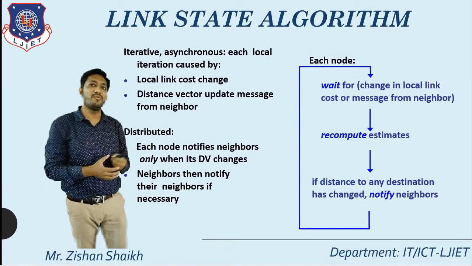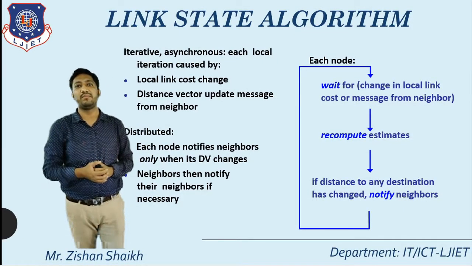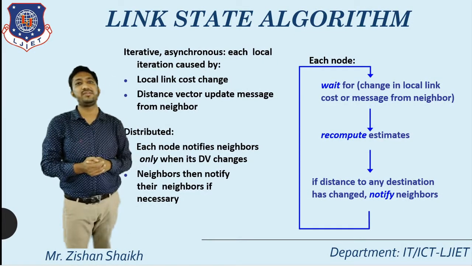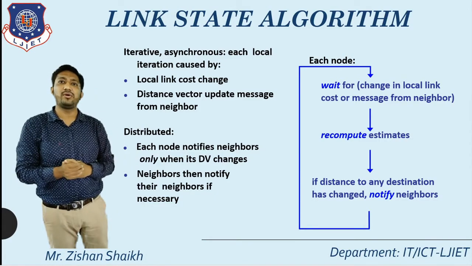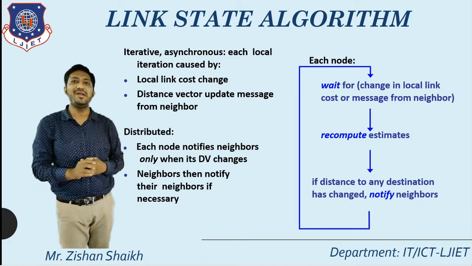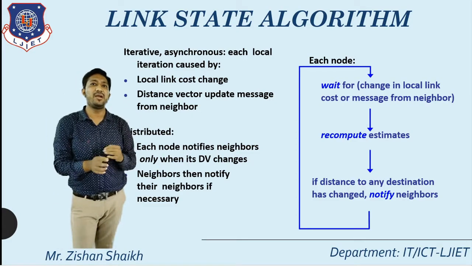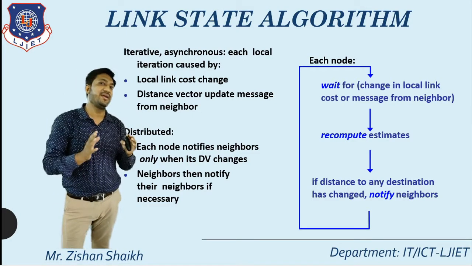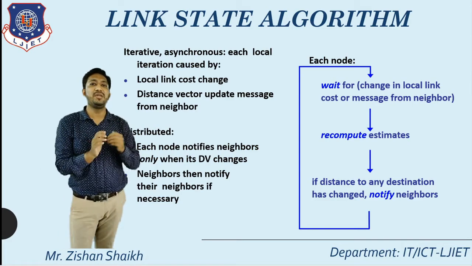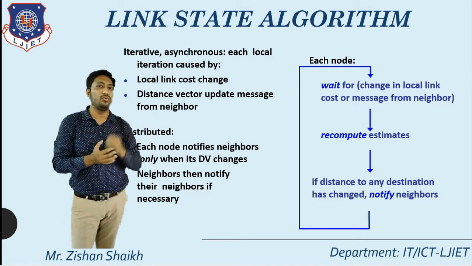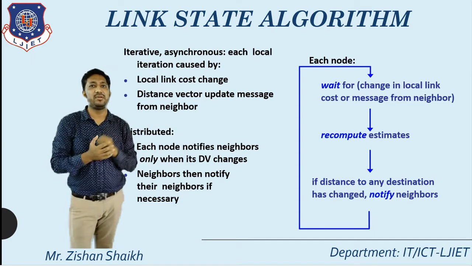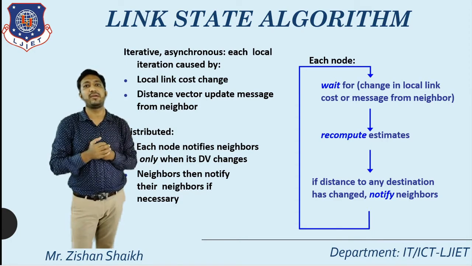Now we move to the link state algorithm, and we learn it in detail. The link state algorithm is iterative and asynchronous. It identifies the cost from a node to all the other nodes one by one in an iterative manner.